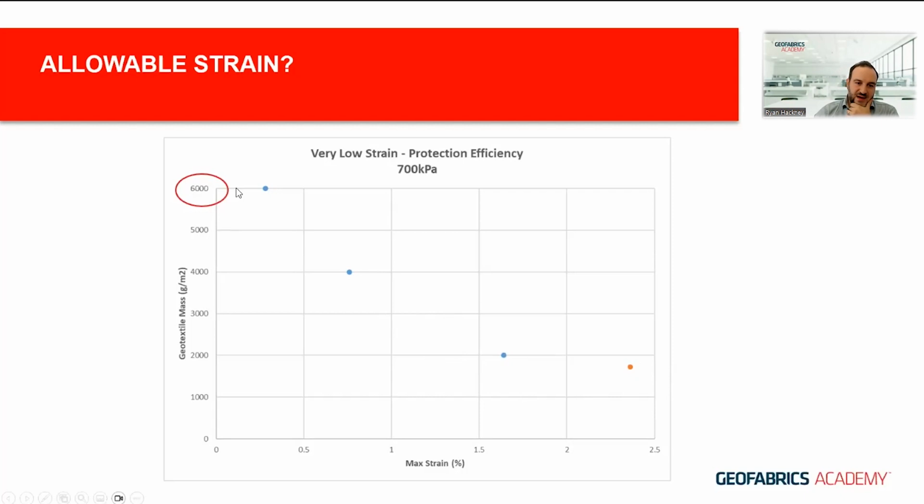We need to be at 6,000 grams per square meter of geotextile to achieve strains close to 0.25% strain. That's a huge, massive geotextile. And I guess when you get into these sorts of levels, it's probably going to be more economical to look at sand as a protection layer rather than geotextile.